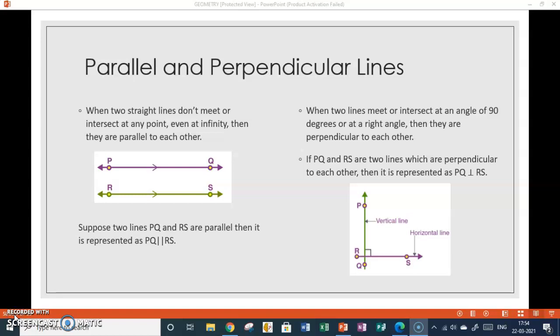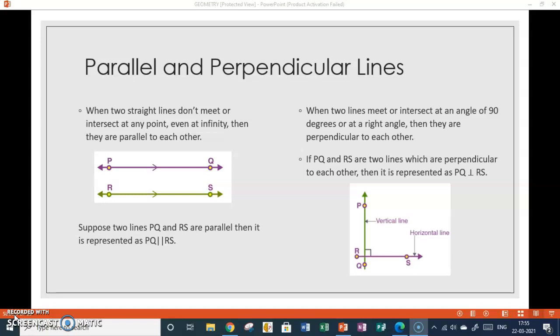Parallel and perpendicular lines. When two straight lines don't meet or intersect at any point, even at infinity, then they are parallel to each other. Suppose two lines PQ and RS are parallel, then it is represented as PQ parallel to RS.